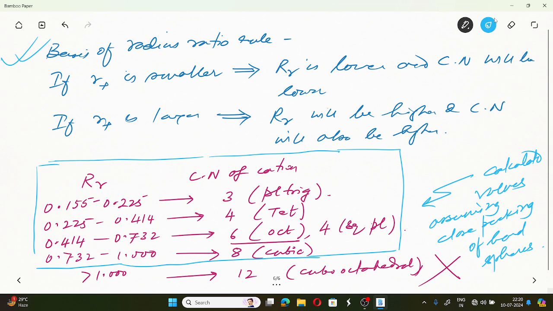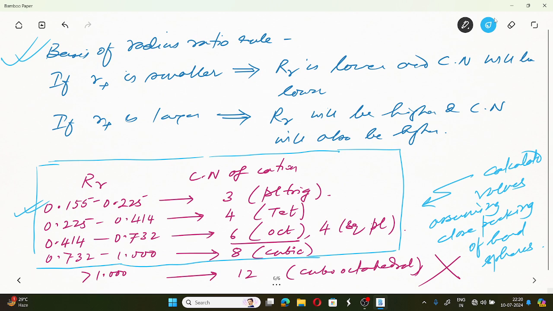They can also ask you for the derivations of these values for different structures. That is, if the coordination number is 3, why will the radius ratio value be like this? So they can ask you this question.